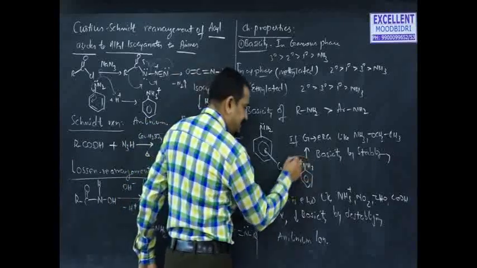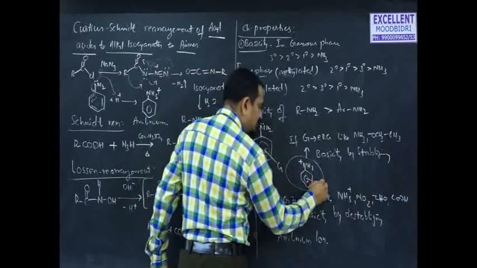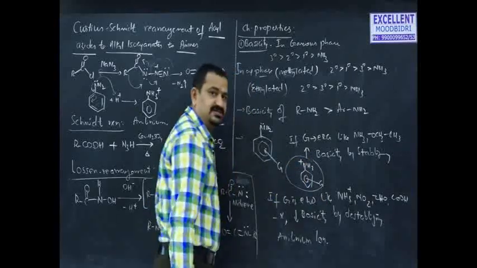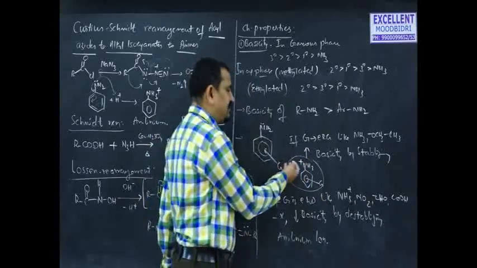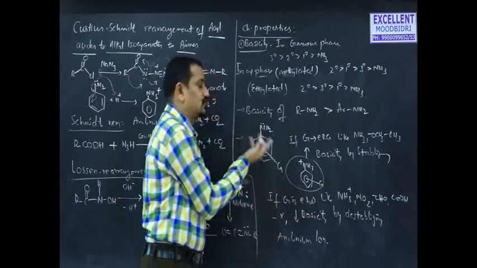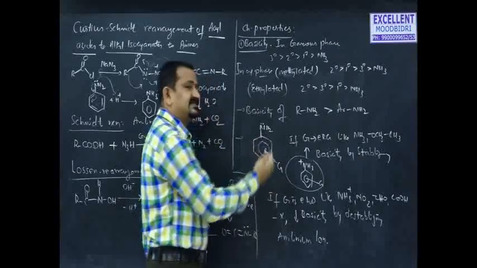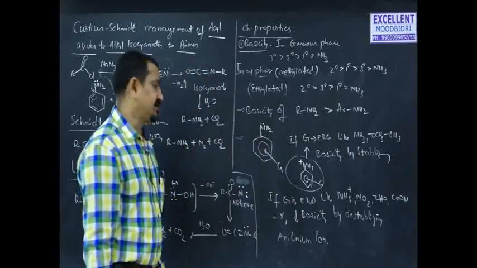See, this is the anilinium ion. If any electron releasing groups are on this, they release electron density and stabilize this charged species. When anilinium is stabilized, the parent is said to be a strong base. In that way, if an electron releasing group is there, it increases the basic character of the corresponding aromatic amine.